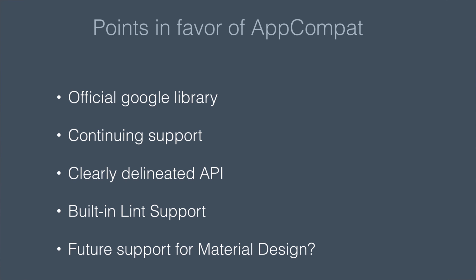In addition, it had a more clearly delineated API in the sense that instead of getActionBar, which was a method of an activity in the official API on high enough versions, you would call getSupportActionBar, which was clearly the support version, whereas on Action Bar Sherlock, you would call getActionBar still, and the only difference would be your import statement.